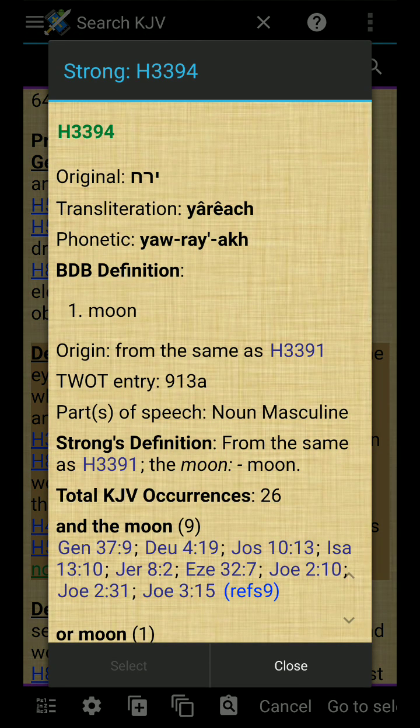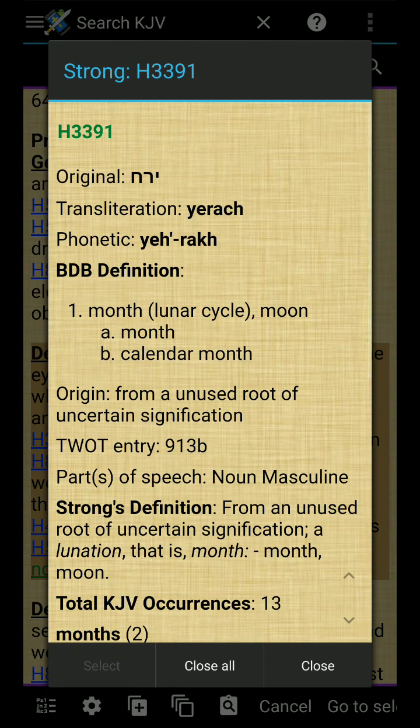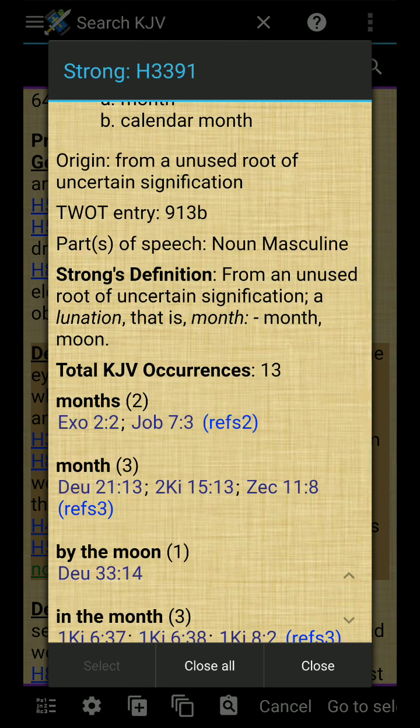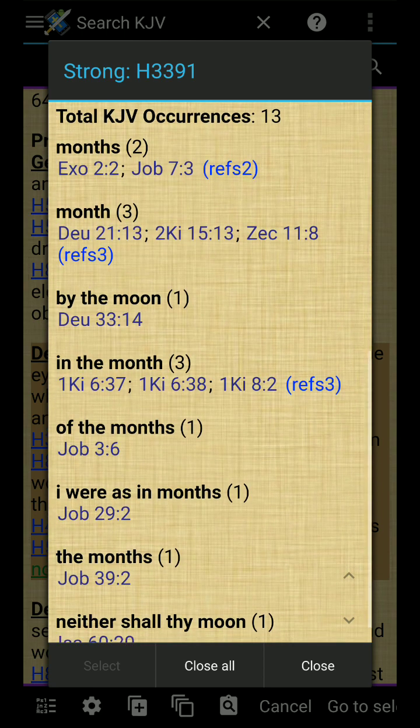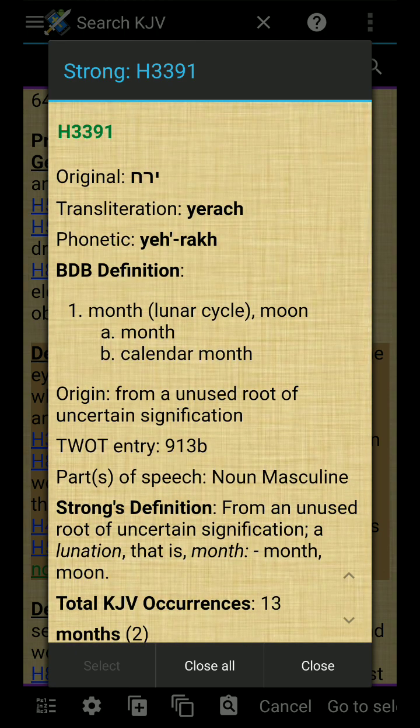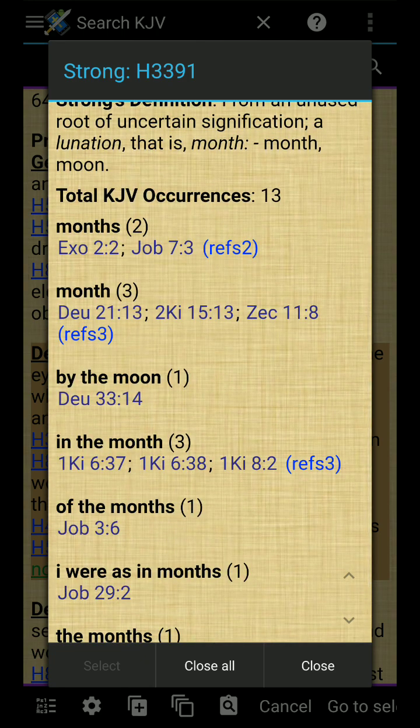So yeah, we see Yerag, and it says origin from the same as Yerach, and the word Yerach has this definition: month or moon, lunar cycle. And we see that there are 13 occurrences in KJV. So only these 13 times the word similar to moon is used as month.